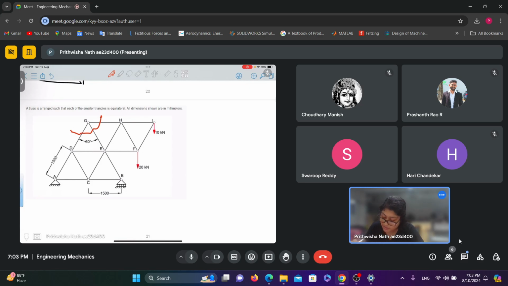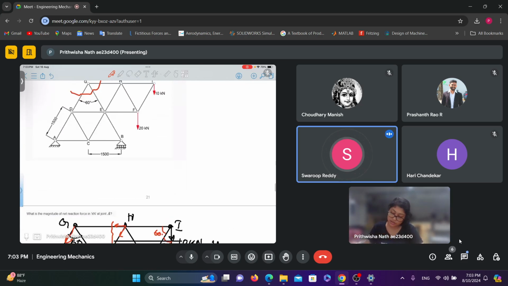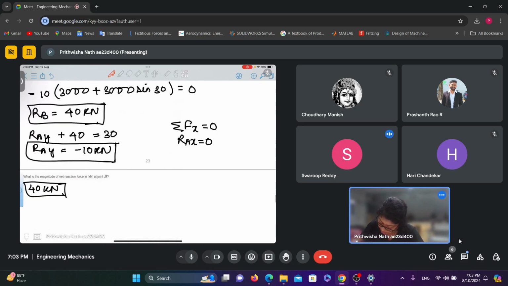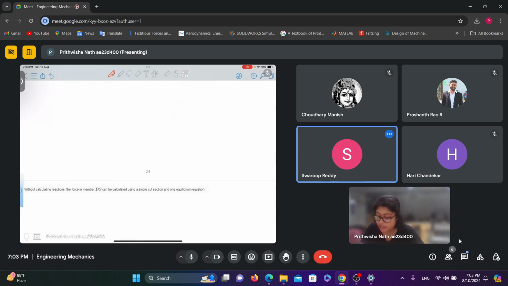But they have asked without calculating the reaction force, and you should use only one condition. See, in this question, without calculating reaction, the force in member DG can be calculated using a single cut section and one equilibrium equation.